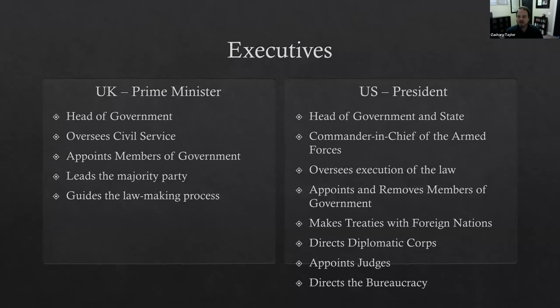A strong and a weak state is how much control they exert over the population in the country. So North Korea was my example of a very strong state because it exerts a lot of control within its country. And so the head of the North Korean government, Kim Jong-un, is a very powerful position to hold.